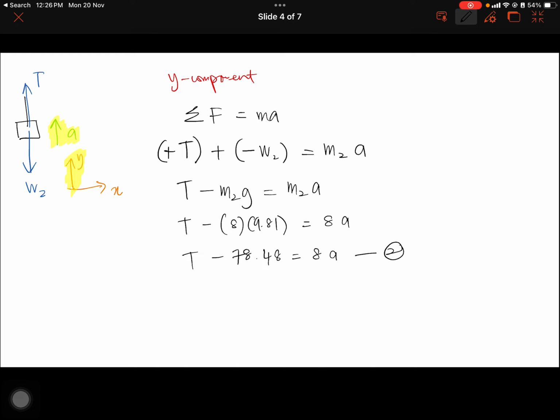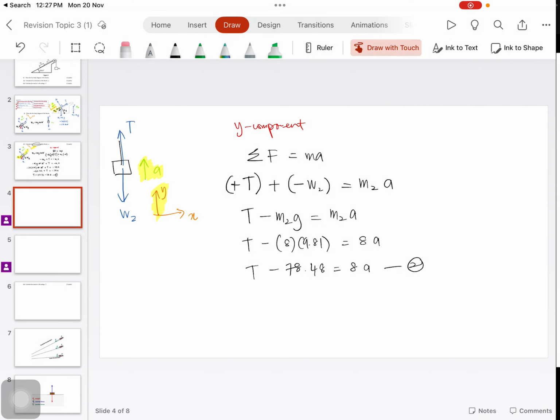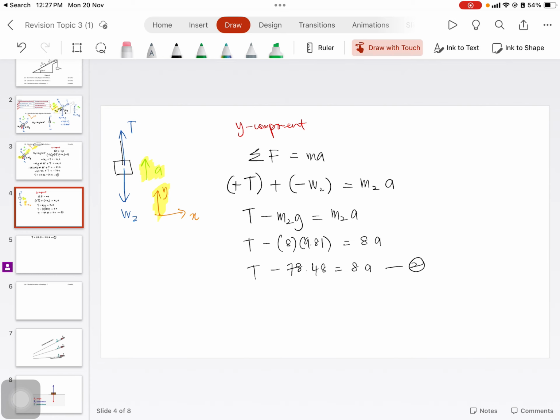Remember, we have the first equation from the first free body diagram. I'm going to bring that to the other slide, along with the second equation, which is this value.